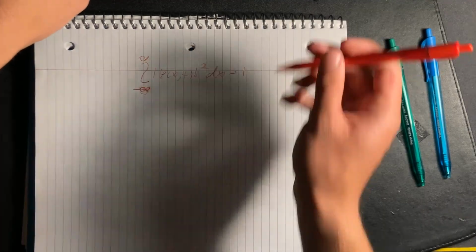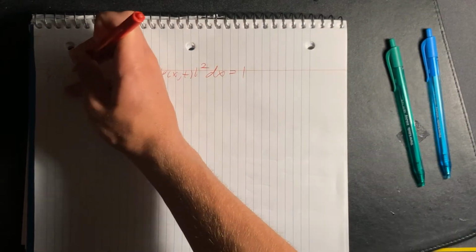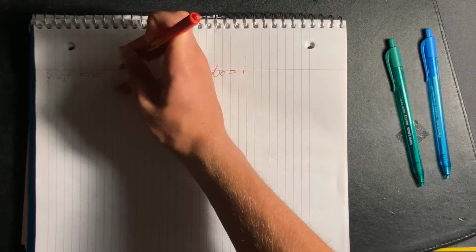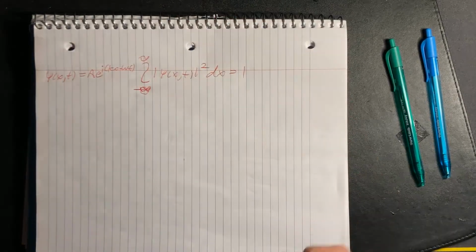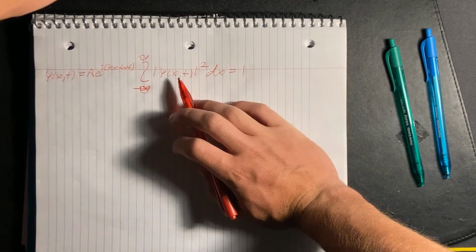So you take that, we have our wave function, which we know, A e to the i(kx minus omega t), for example, and we sum those together.